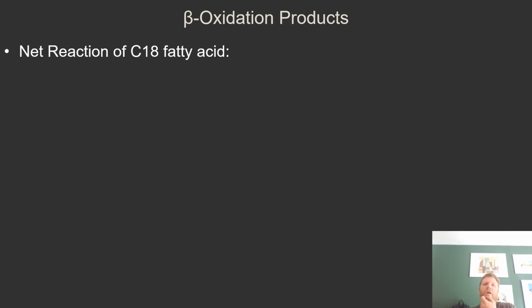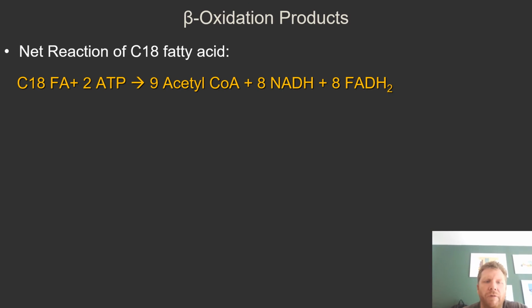So when we think about the beta oxidation of an 18 carbon long fatty acid, well, you've got 18 carbons, you're going to invest 2 ATP, you're going to get 9 acetyl-CoA, 8 NADH, and 8 FADH2. Because if you remember, at each successive removal of 2 carbons, you're adding a new coenzyme A to make a new acetyl-CoA molecule.